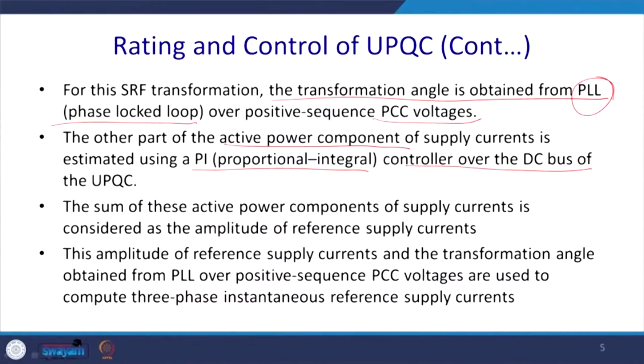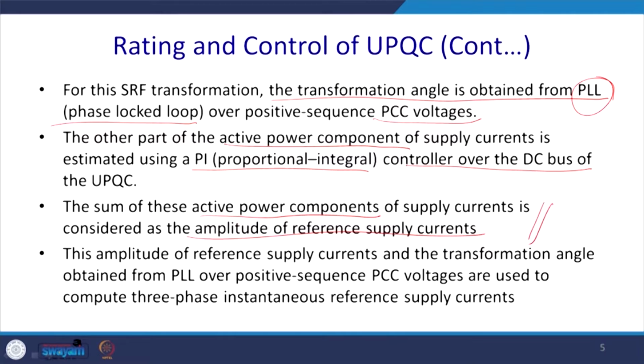The sum of these active power components of the supply current is considered as the amplitude of the reference currents. That is something we require to take into consideration.